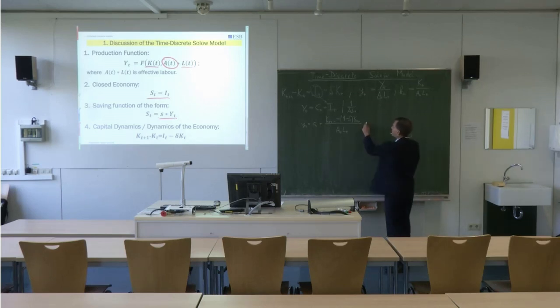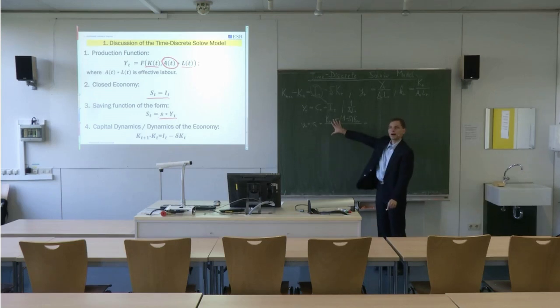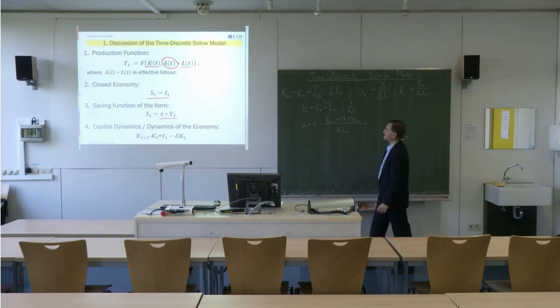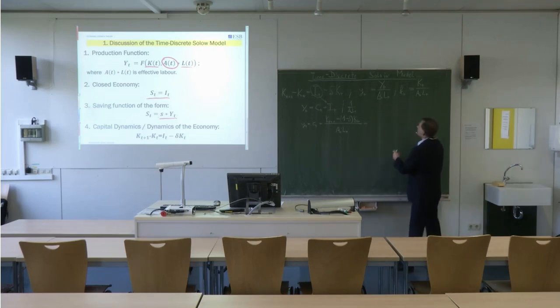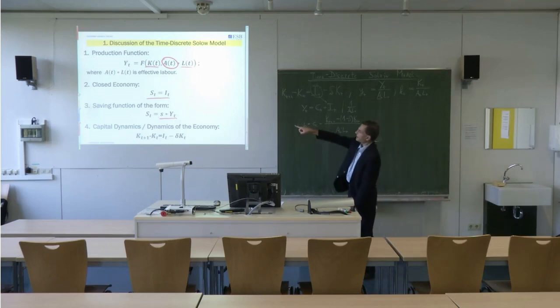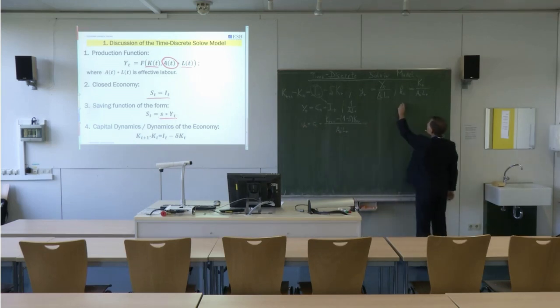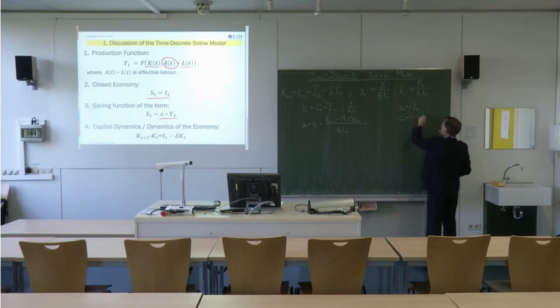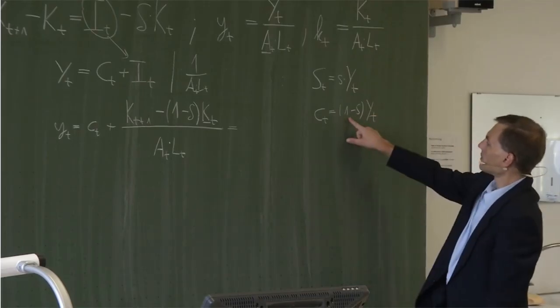In the next step, I just simplify this a little bit. Consumption. So what is consumption? Well, consumption, you know, is the opposite of saving. So if you think about my saving function, condition 3, is the saving rate times my income. So what we can say is that consumption in the end is 1 minus the propensity to save times income. Why is this the case?